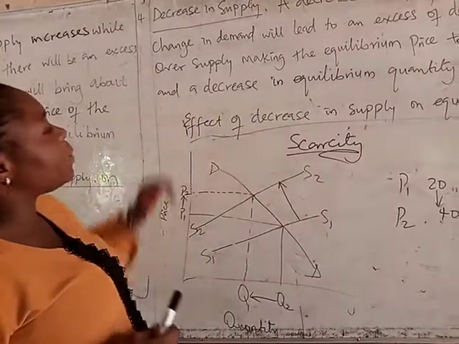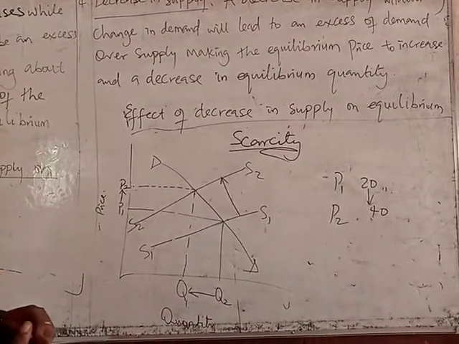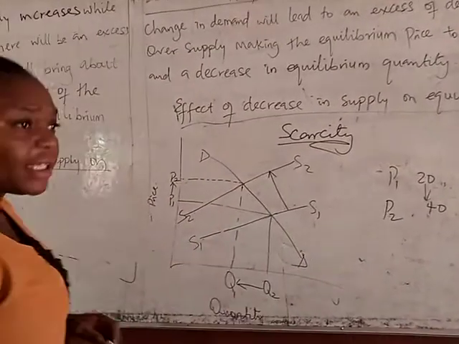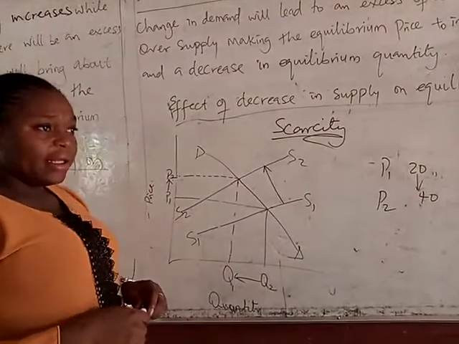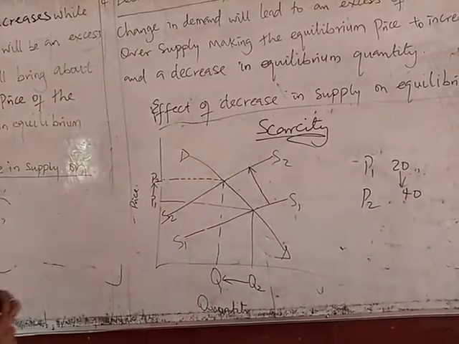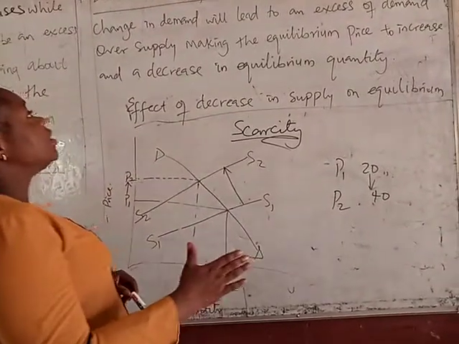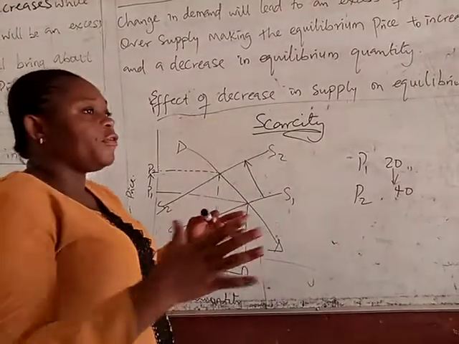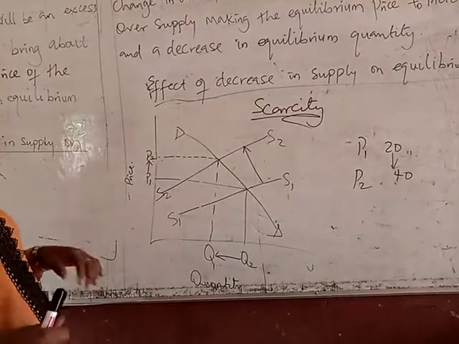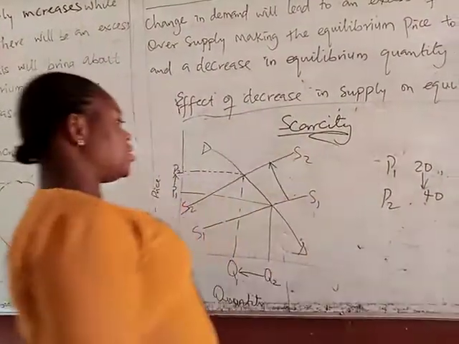So decrease in supply leads to scarcity, and this automatically increases the price of such commodity. Once a particular commodity reduces its rate of supply to the market, there will be an automatic increase in its price.